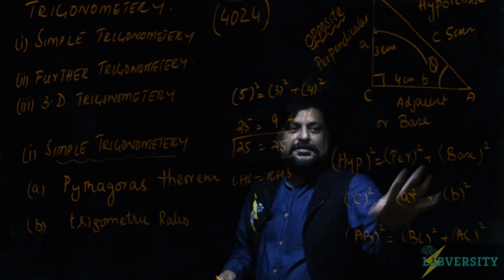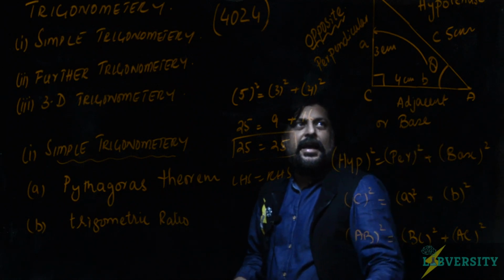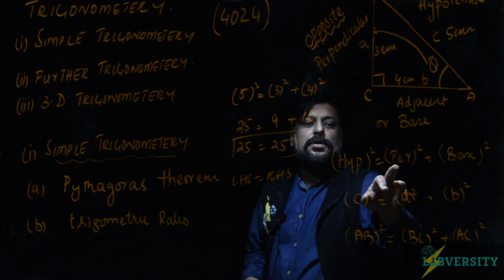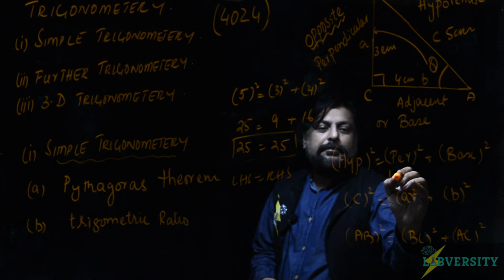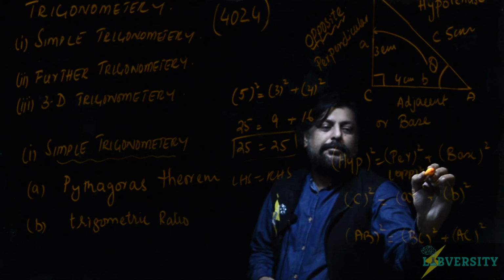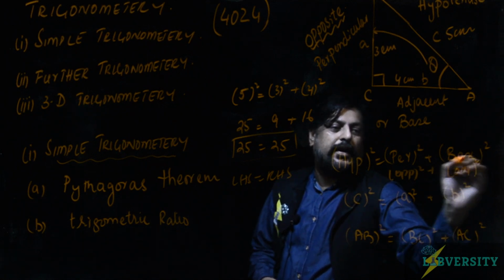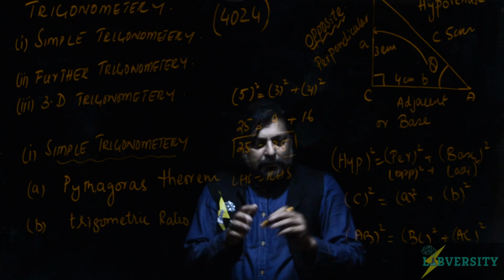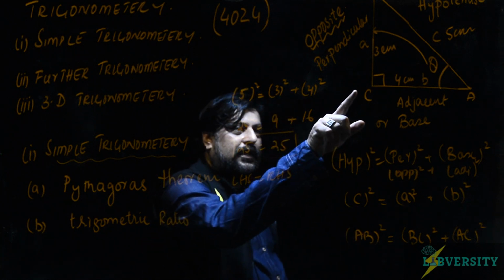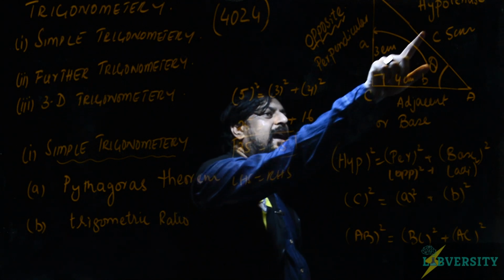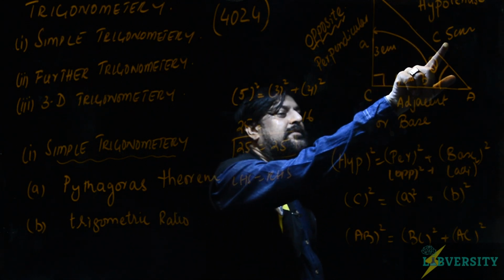In some books, this Pythagoras theorem is written as hypotenuse square, directly writing the name, equals perpendicular, or some people write opposite, plus adjacent or base square. In some books, the corner, which is the vertex, and the side opposite to the vertex is named with a small letter.